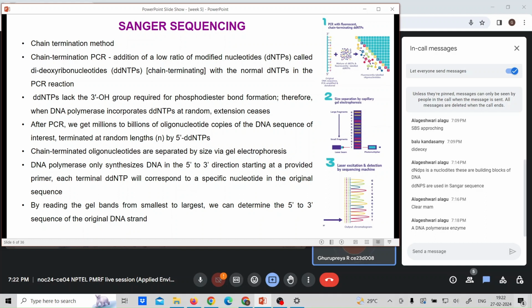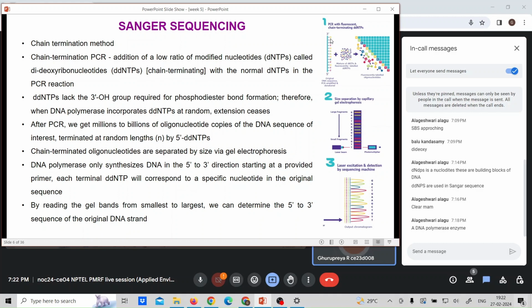So after PCR, we get millions to billions of copies of oligonucleotides or the DNA sequences that are terminated at random lengths. As you can see in this picture, we have this original strand that has to be sequenced. So we have added a mixture of dNTPs and ddNTPs, which are fluorescently labeled. Okay, so at different positions we can see different ddNTPs.